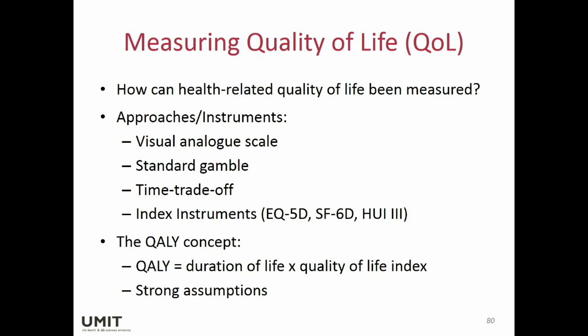Remember, you were trading this time difference. In addition to time trade-off, you have the opportunity to use other methods such as standard gamble, or to use a visual analog scale. A visual analog scale, it's a scale from 1 to 100, and here the people just give you the utility and make a tick on the scale. However, this is often not as accurate.